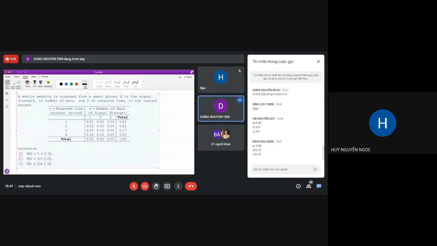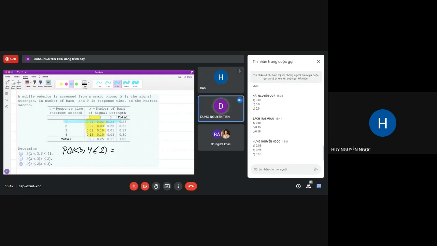Okay, let's have a look at this. You see that the probability that x is less than 3 and y is less than or equal to 2 should be these two columns to get x less than 3. So x could be 1 or 2. And then you get y less than or equal to 2.